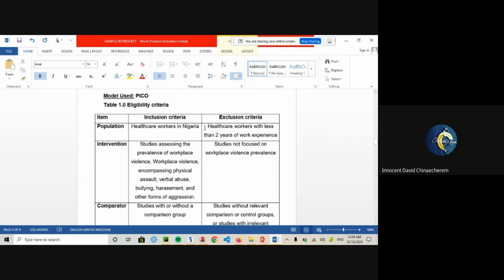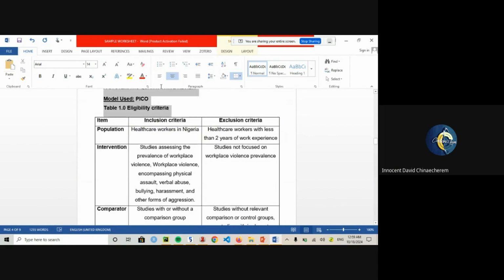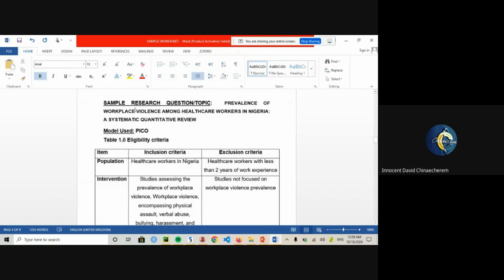In terms of our exclusion criteria, remember this is the topic or the question: prevalence of workplace violence among healthcare workers in Nigeria. So in our exclusion criteria, we're not just excluding non-healthcare workers. We have a specific attribute of healthcare workers that we want to take out, and that is why we're going to take out any healthcare worker with less than 2 years of work experience.